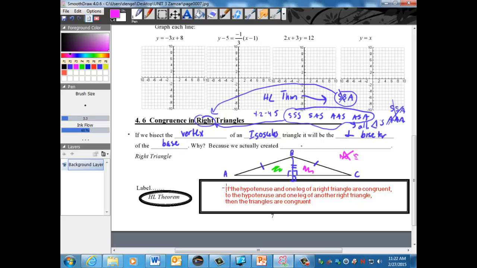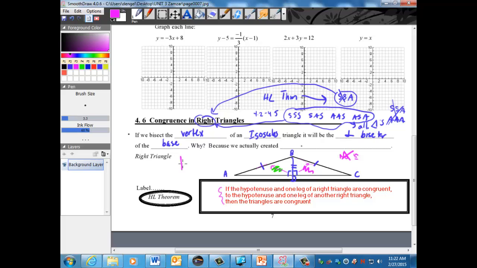Now, let's think about what this is actually saying. It's saying if the hypotenuse, here's the hypotenuse right here with BC and AB, and remember the hypotenuse is always opposite your 90-degree angle, so clearly these hypotenuses are congruent to each other. And then a leg, your leg is going to be BD.